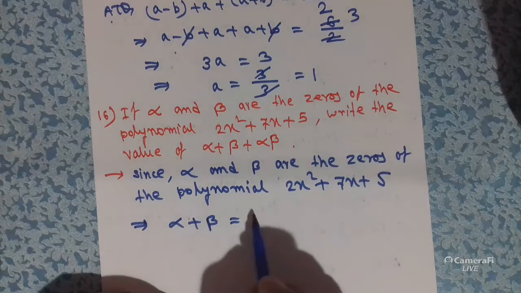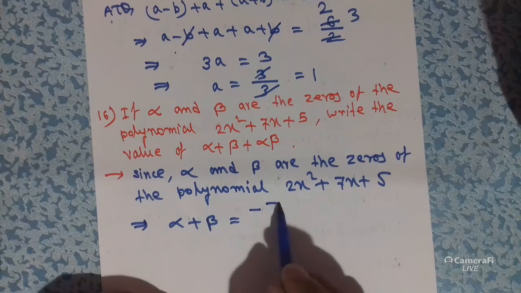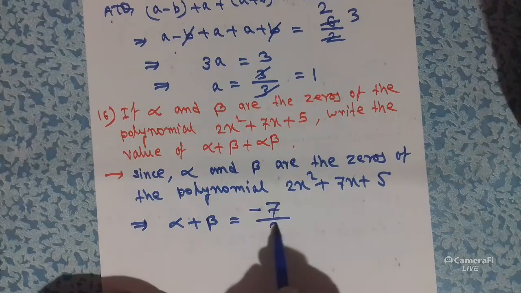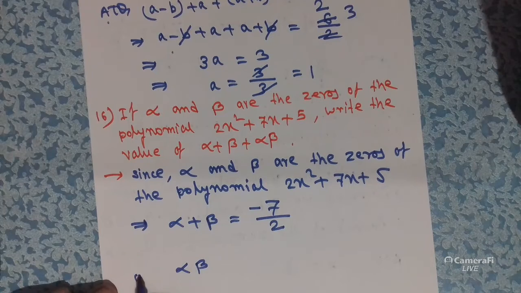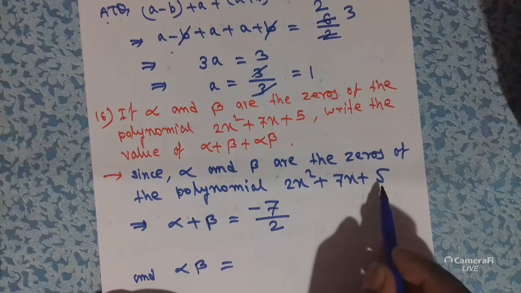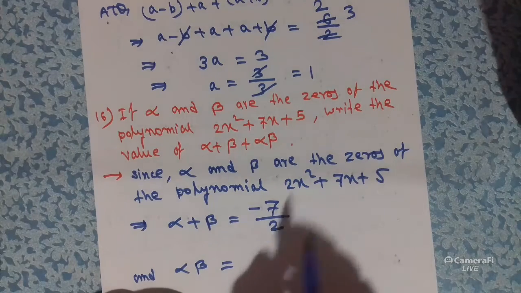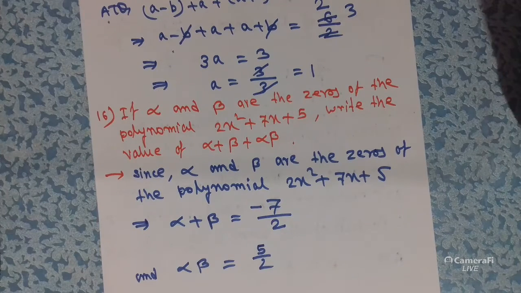So here b means 7 and a means 2, so minus b by a means minus 7 by 2. And alpha beta means product of the zeros, and product of the zeros you know is c by a, so here c means 5 and a means 2, so it is 5 by 2.